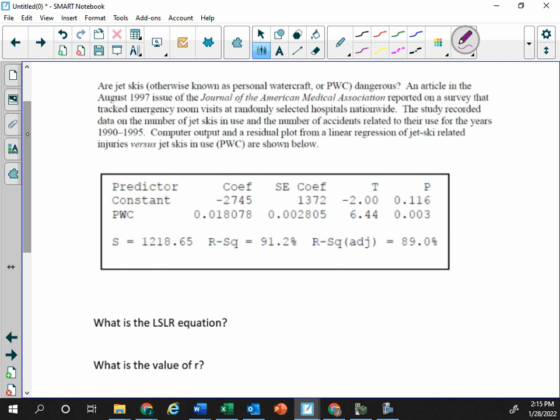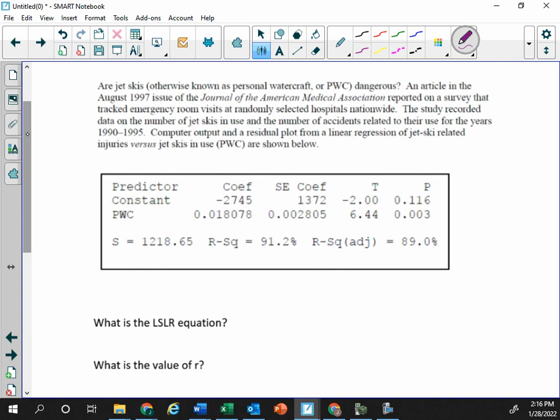The study recorded the data on how many jet skis were in use and then the number of accidents related to their use for 5 years. This is what a computer printout looks like that you might be given. There's a lot of information in it, and a lot of it you don't actually need.